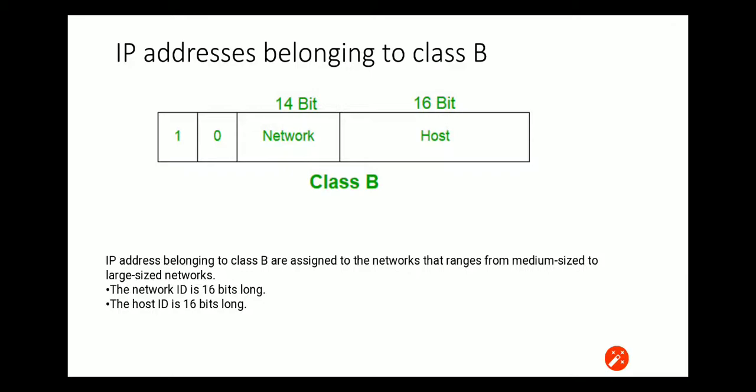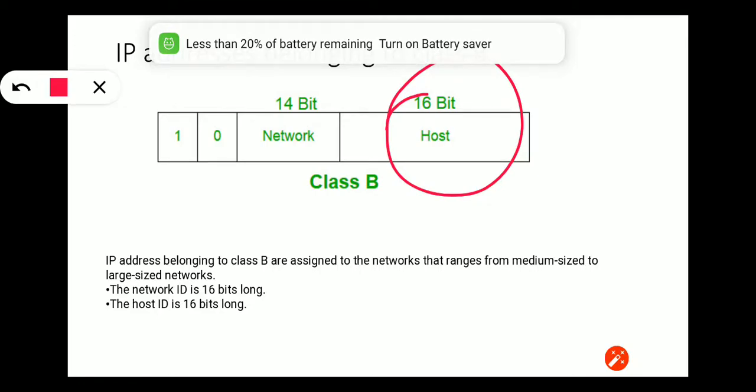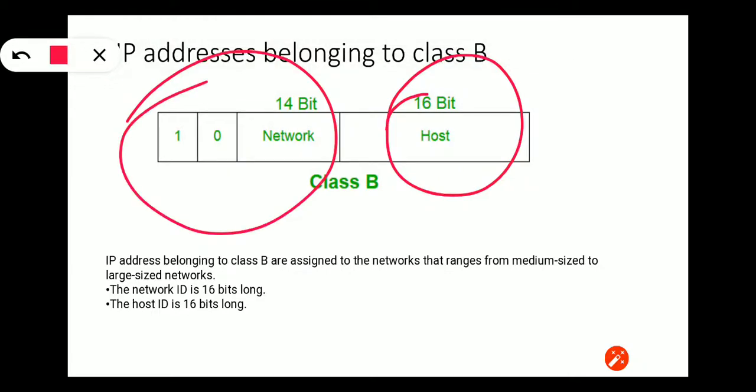Now class B. In this class B IP address, you have 16 bits of host address and 16 bits of network address. Out of these 16 bits, 2 bits are reserved for denoting it as class B, so you have a total of 14 bits.